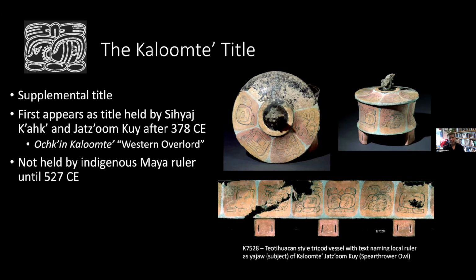So Siatkak again, as a conqueror, is using this title, and then we start to see it become used by indigenous Maya rulers in later eras. One really interesting thing, and this is something that Simon Martin talked a lot about in his book, was how once Kalakmul ceases to be a major power, there's an ensuing era of geopolitical chaos, and we start seeing outsiders come in and use that title again.